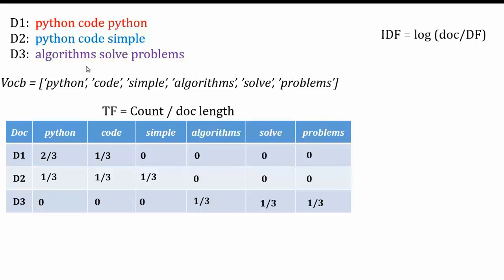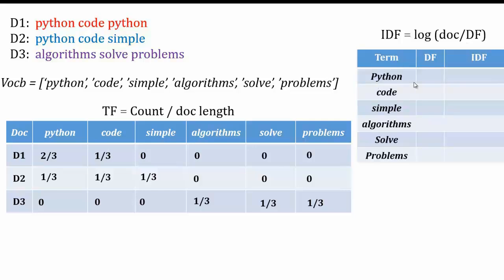Now let's calculate IDF. As you know, we can calculate IDF like this. Here doc means the total number of documents, divided by DF, document frequency, right? So here we are adding one extra step before directly calculating IDF. We are first going to calculate DF, document frequency. So these are the terms: Python, code, simple, algorithm, solve, and problems.